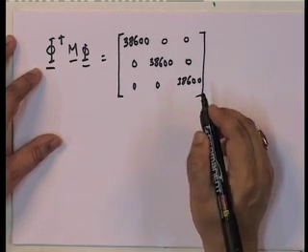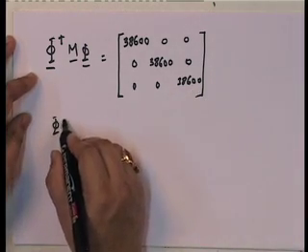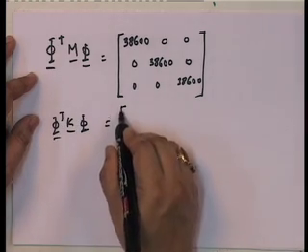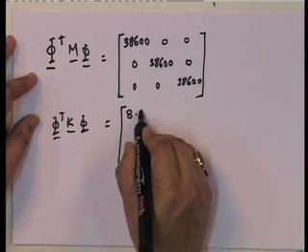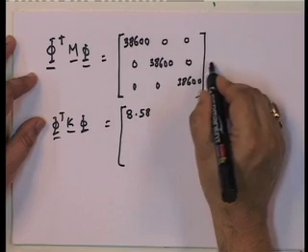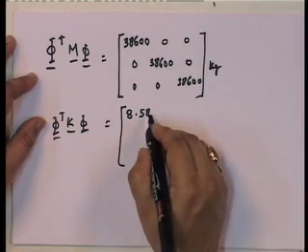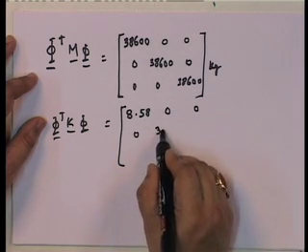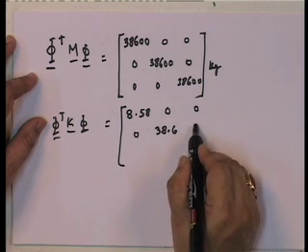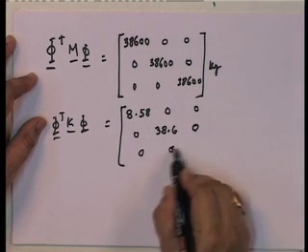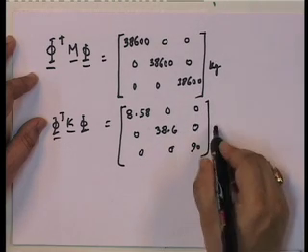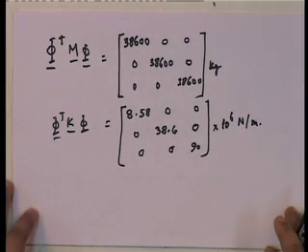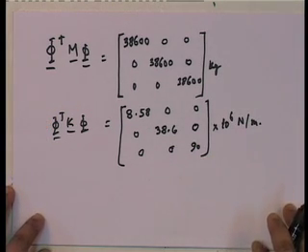Phi transpose M phi is 38,600, this is of course all kgs, and phi transpose K phi is 8.58, 38.6, 90 into 10 to the power of 6, because meganewtons, so 10 to the power of 6 Newton per meter.